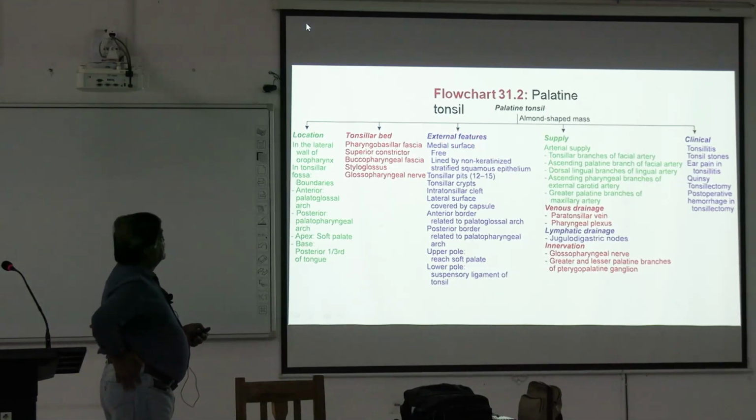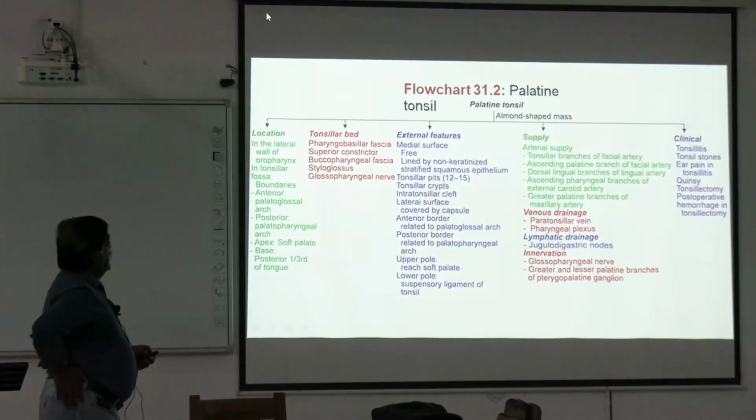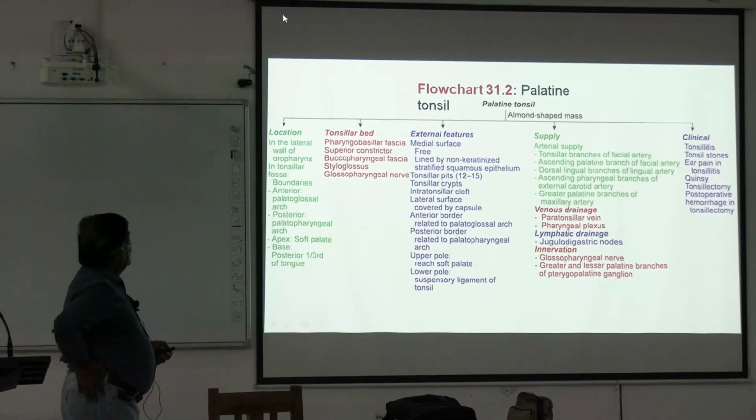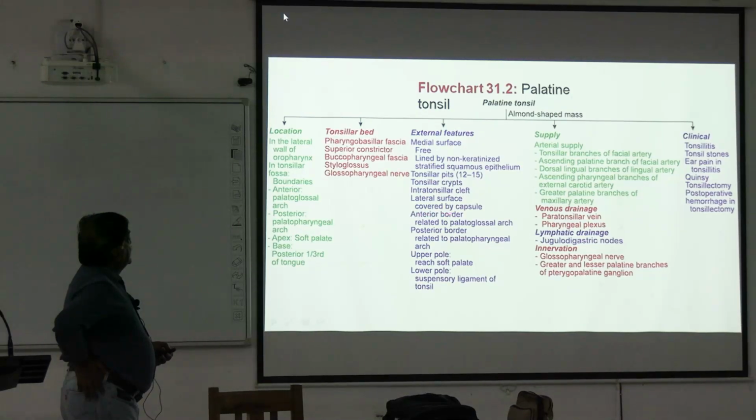External features, medial surface, free, lined by non-keratinized stratified squamous epithelium, tonsillar pits 12 to 15, tonsillar crypts, intratonsillar cleft, lateral surface covered by capsule, anterior border related to palatoglossal arch, posterior border related to palatopharyngeal arch, upper pole reaches soft palate, lower pole suspensory ligament of the tonsils.